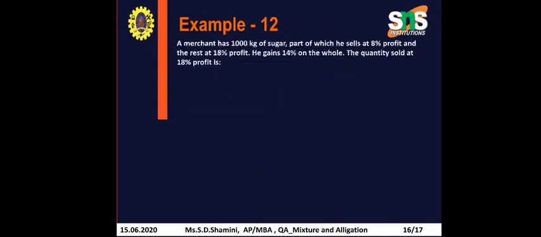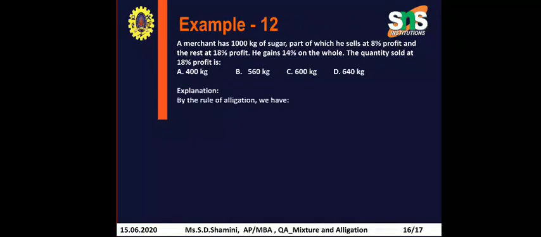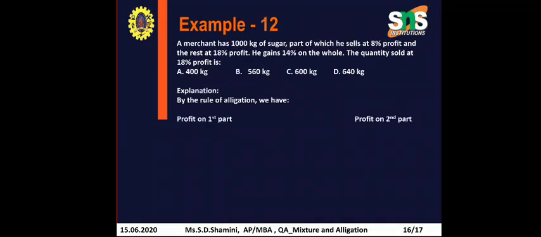And your next problem is, a merchant has 1000 kg of sugar, part of which he sells at 8% profit and the rest at 18%. He gains 14% on the whole. The quantity sold at 18% is option A 400, option B 560, option C 600, and option D 640 kgs. So with the rule of alligation, we have profit on the first part at left, profit on the second part at right.